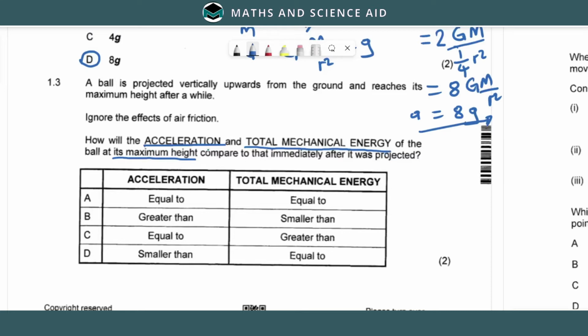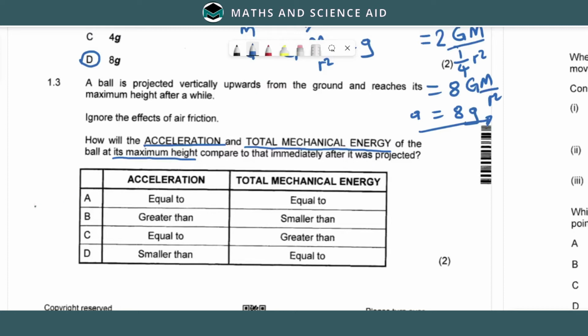Okay, so we are being asked here to compare. They are asking us how the acceleration and the total mechanical energy of the ball at the maximum height compare to that immediately after it was projected.